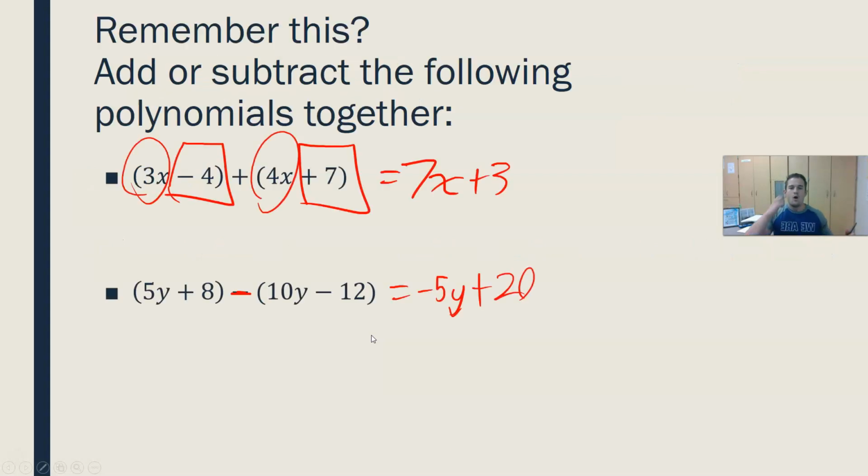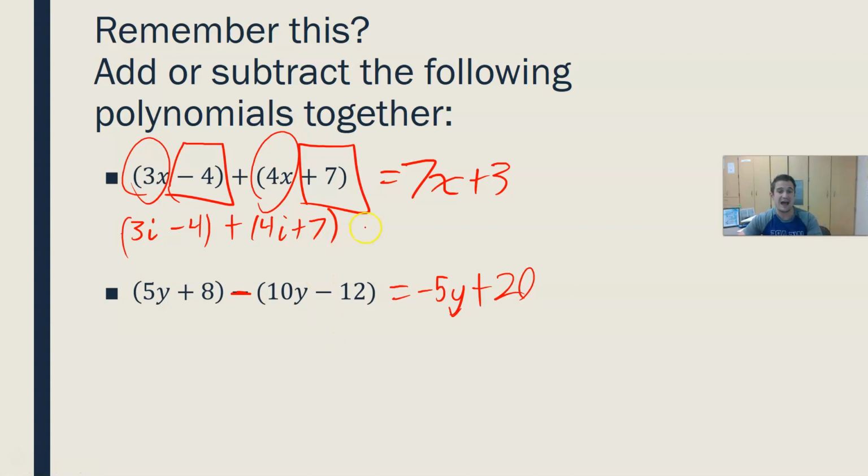Well, what about if instead of a polynomial, instead of this x here, what if I replace that with an i? So instead of like a polynomial, I wrote it as an imaginary number, like 3i minus 4 plus 4i plus 7. So instead of writing two polynomials, 3x minus 4 and 4x plus 7, I wrote two complex numbers, 3i minus 4 and 4i plus 7.